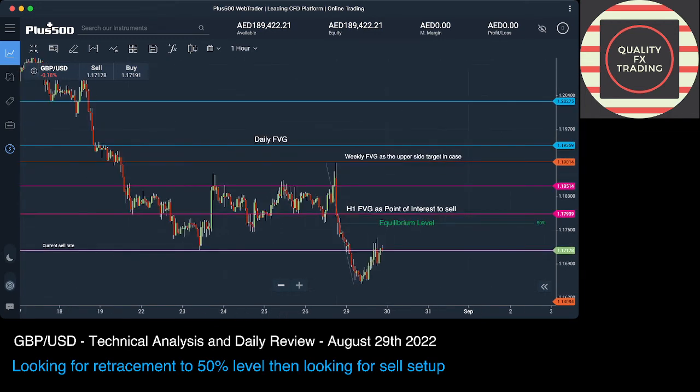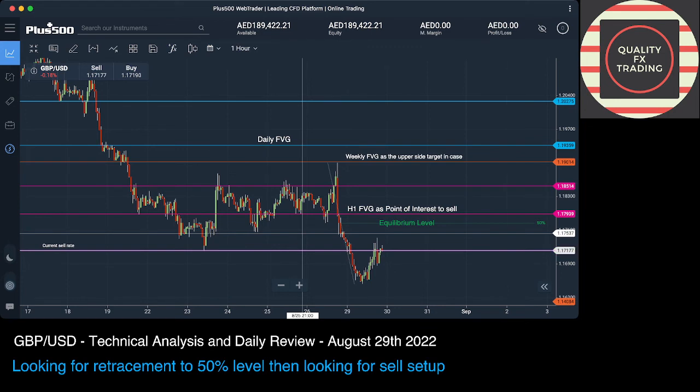That's not the correct way to trade. When I'm referring to a point of interest, always remember that it means you should think about selling or buying. You should find the right setup; it doesn't mean that you have to buy or sell immediately.